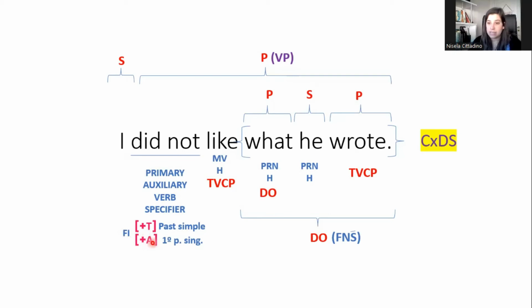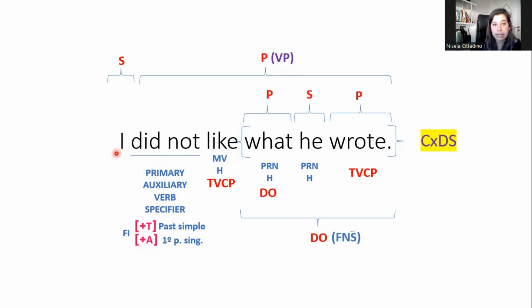So in your analysis, when you find an auxiliary verb, you should mark it as primary auxiliary verb. It says primary because sometimes up to three more auxiliaries may appear. In this case, we only have one, so it is the primary auxiliary verb, and it is the specifier. And this is what you should mark about the auxiliary verb, that it is finite because it shows tense, past simple, and agreement.